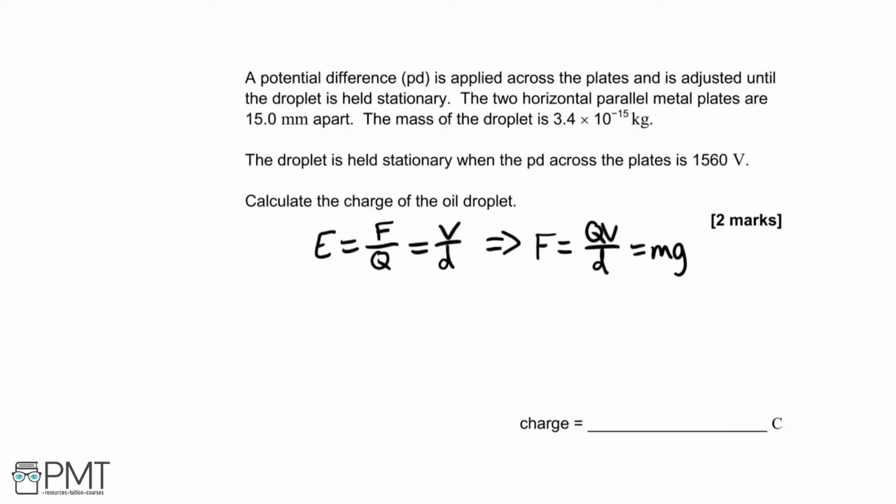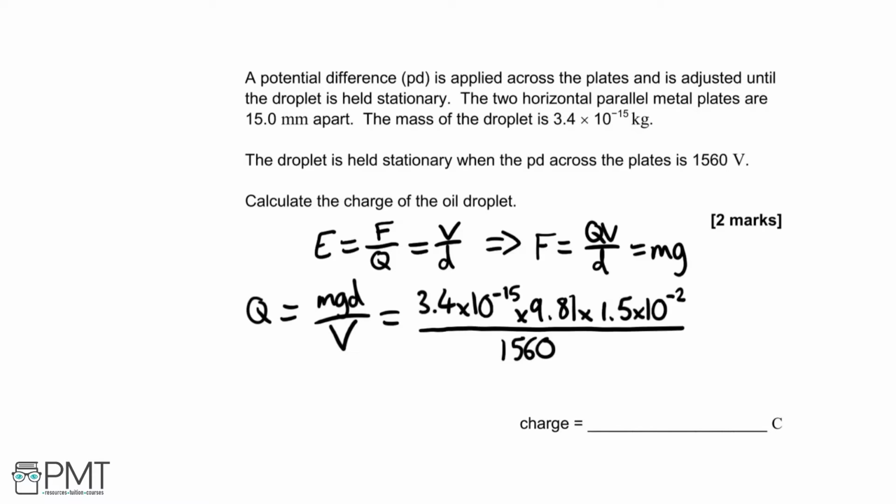We're interested in the charge on the oil droplet, so we're going to make Q the subject and then make the necessary substitutions. So rearranging this equation, we end up with Q is equal to mgd over V, because the charge is what we're interested in. So let's make the substitutions. And that gives us an answer of 3.207 times 10 to the minus 19 coulombs.